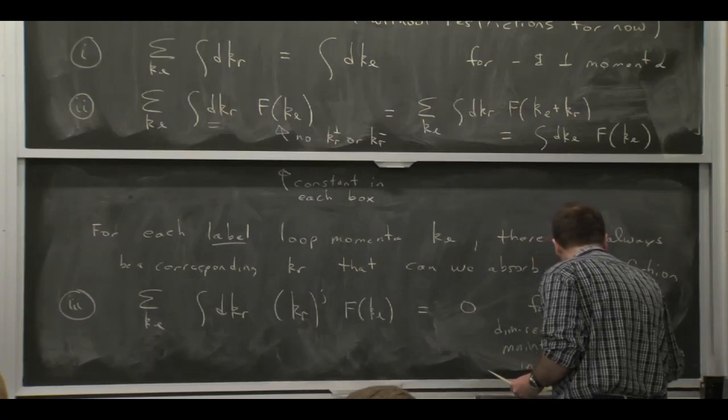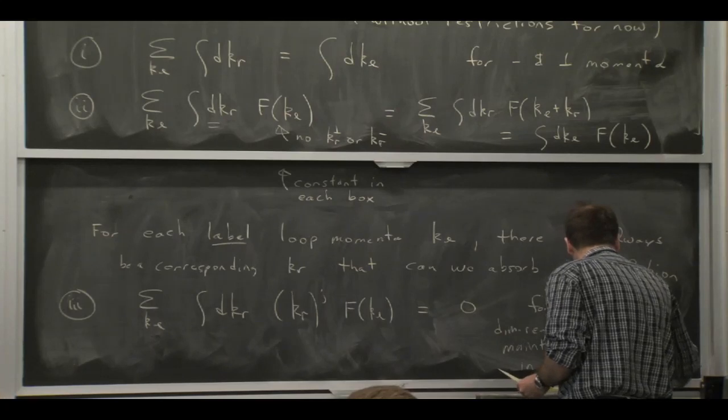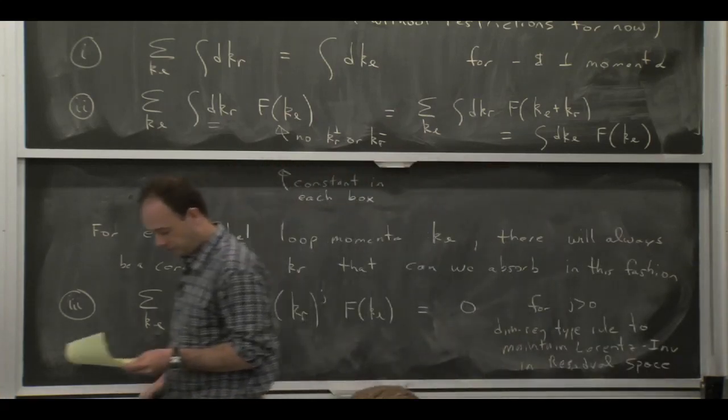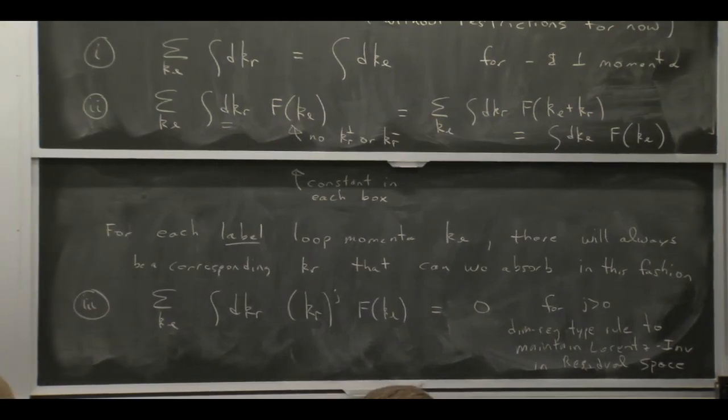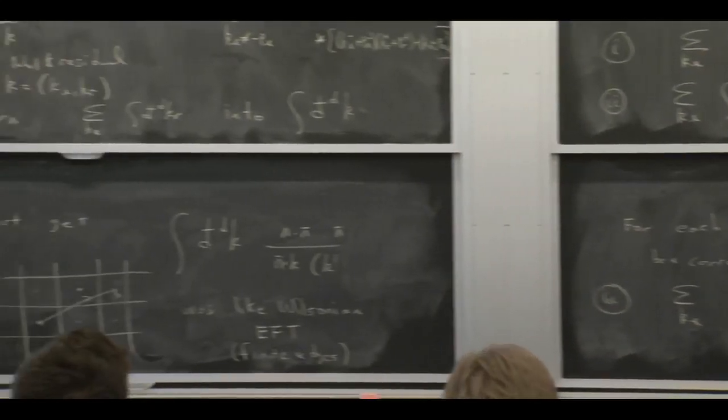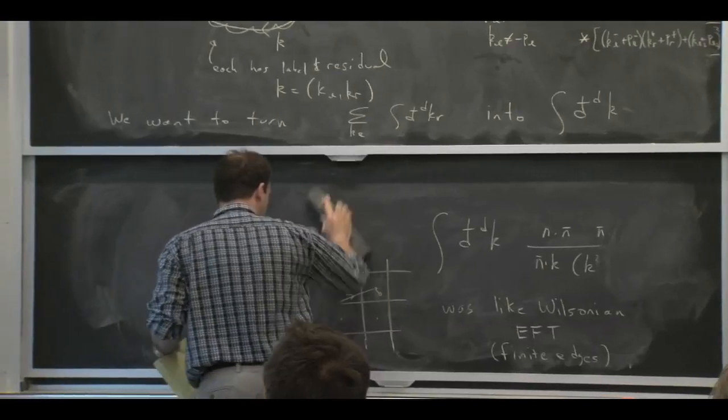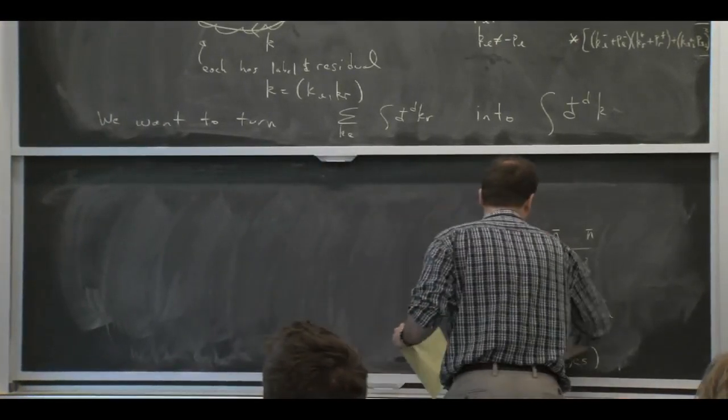That only doesn't come into our calculation, but I include it for completeness. So when would these integrals over kr actually do something non-trivial? It would do something non-trivial if we had ultrasoft loops and collinear loops at the same time.